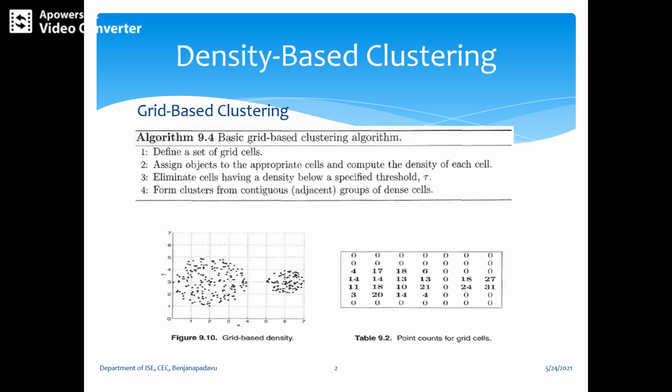Third, eliminate the cells having a density below a specified threshold, that is, T. Fourth, form the clusters from adjacent or contiguous groups of dense cells.